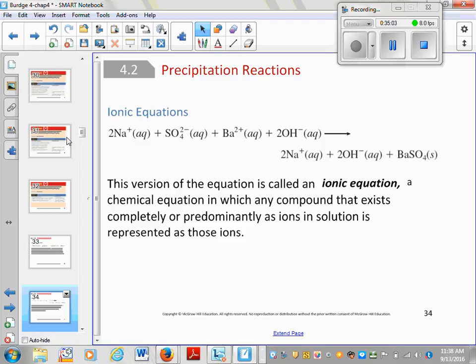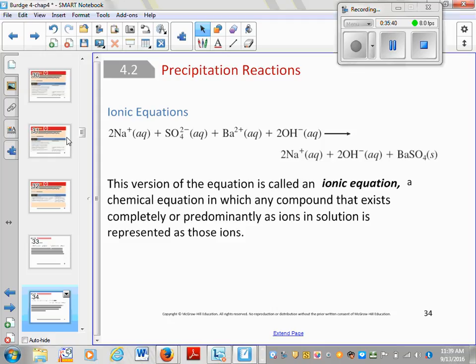We just broke everything apart into ions that can break apart. Well, we can do some cancellations here before we go with the net ionic. So I can cross things off on both sides that are the same. So do I have a Pb2+ on each side of the arrow? No. Do I have two NO3- on each side of the arrow? Yes. I can cross those off.